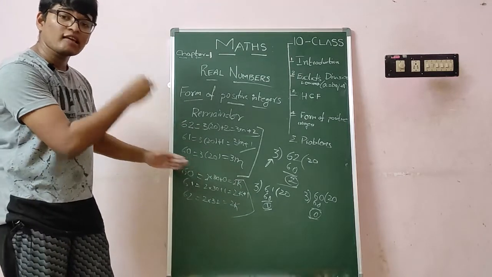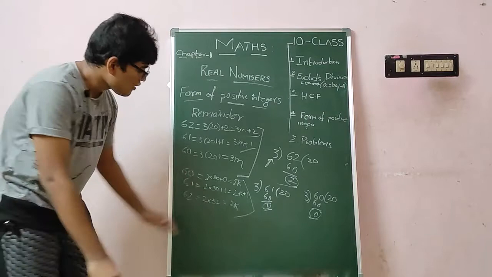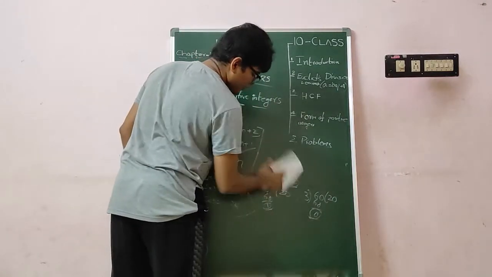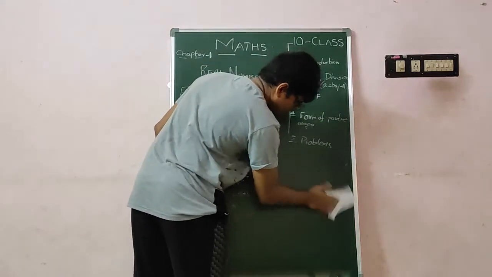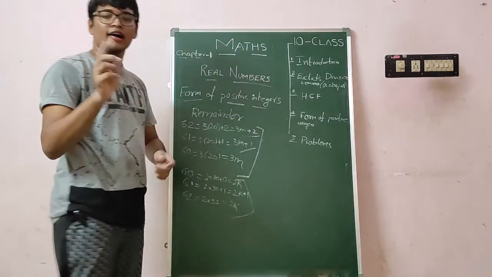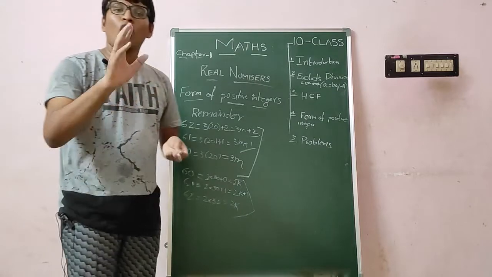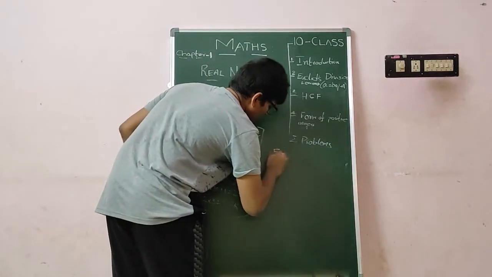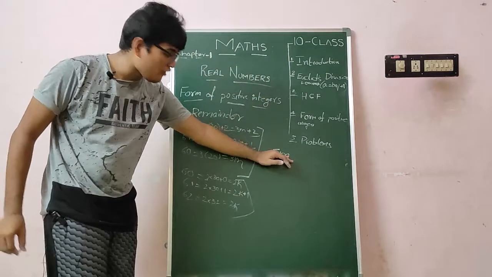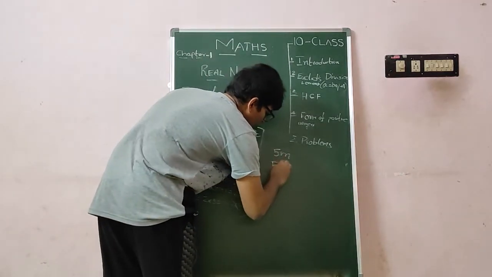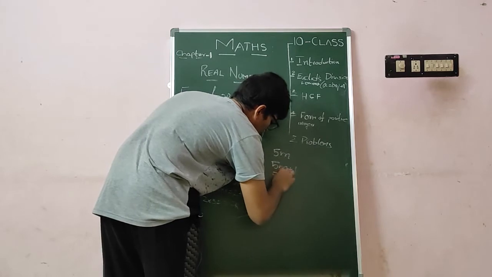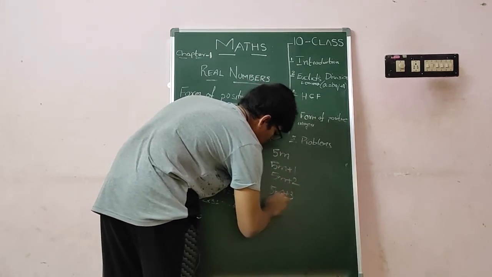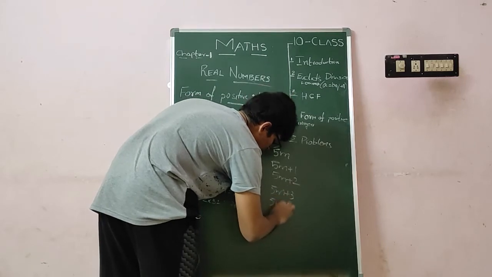There is math behind this, students. If you are asked to write the form of numbers in terms of 5, any number can be 5m, 5m plus 1, 5m plus 2, 5m plus 3 or 5m plus 4.